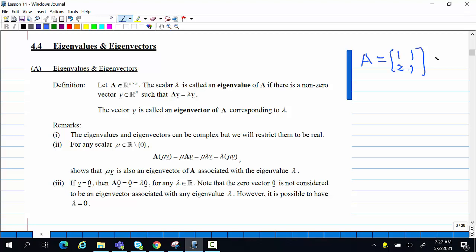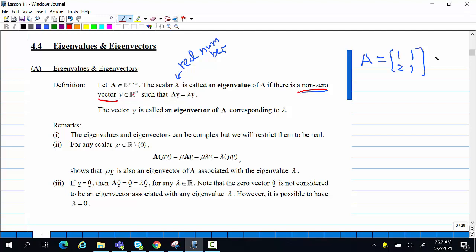Now a scalar, which is a real number, is called an eigenvalue of A if there is a non-zero vector, and I highlight non-zero, vector V such that A times V equals lambda V.